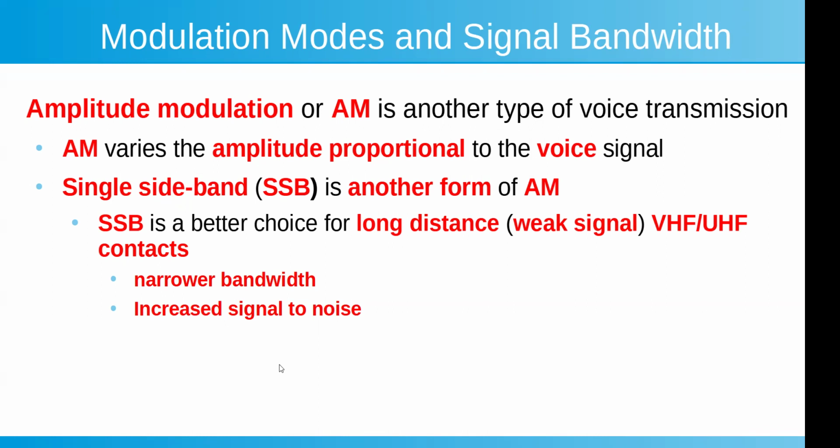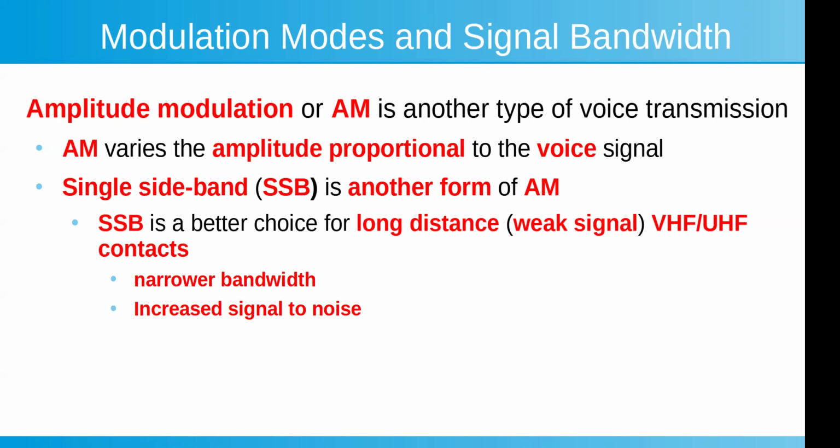So now that 100 watts is in a much smaller portion of the band. So its signal to noise ratio is much higher because the bandwidth, which determines how much noise is in your signal, is much narrower. Clear as mud, right?